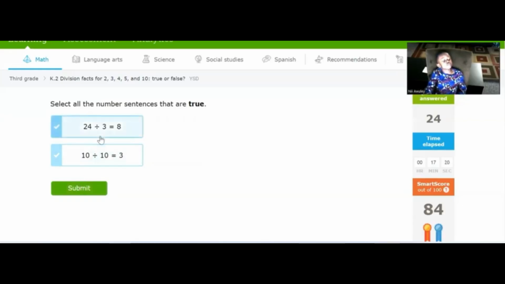This answer is correct because 3 times 8 is 24.